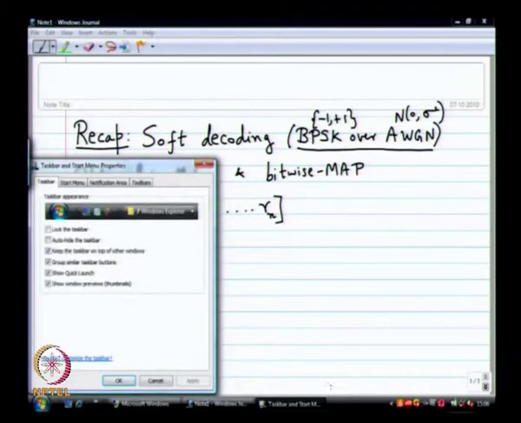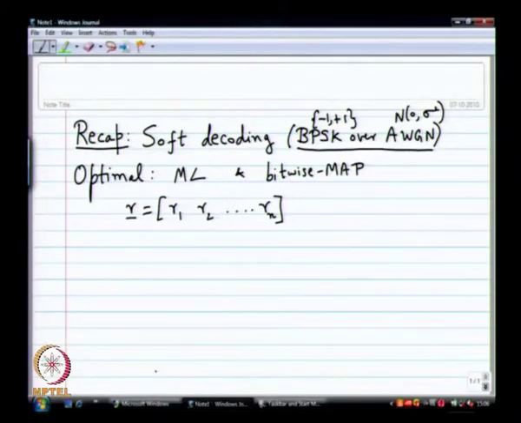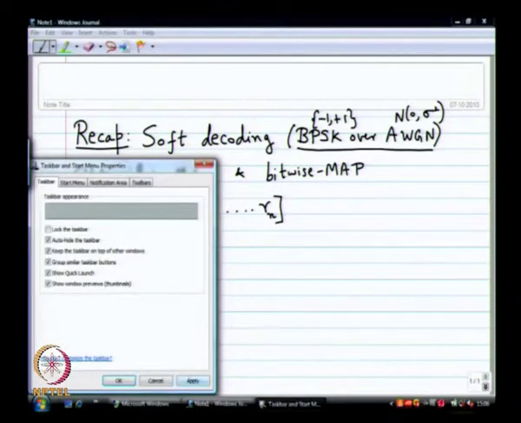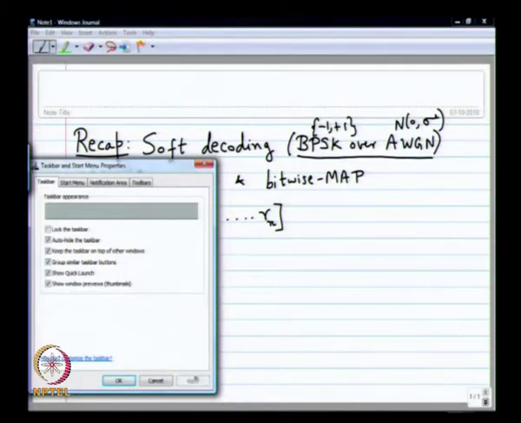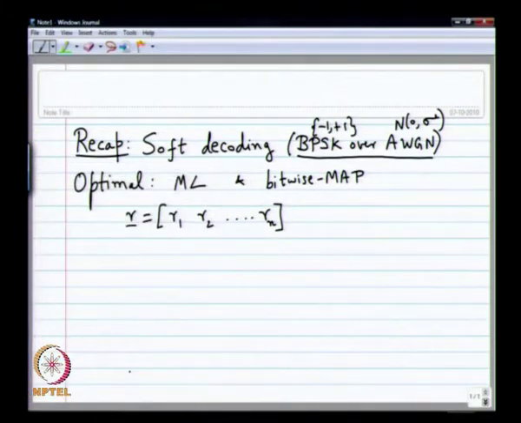Properties. Auto hide the taskbar. Is that okay? So what do I do? Okay, let's try auto hide and see what happens. Oh my god. Apply. Okay. So it seems a little bit better.